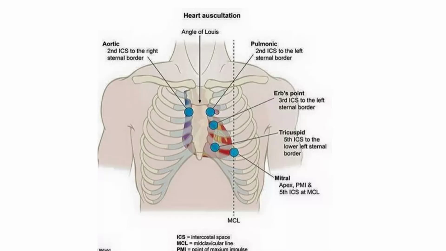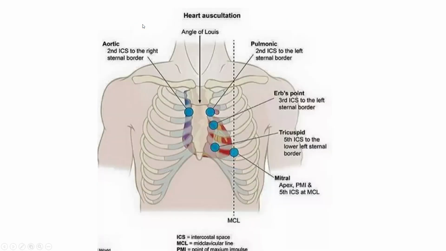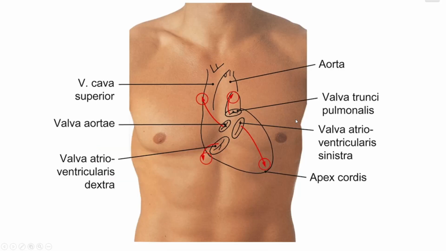Here we have again the same picture for a better view. And here, without the skeletal topography, on the surface of the body, here we have the valva trunci pulmonalis. The sound projects to the second intercostal space on the left side.